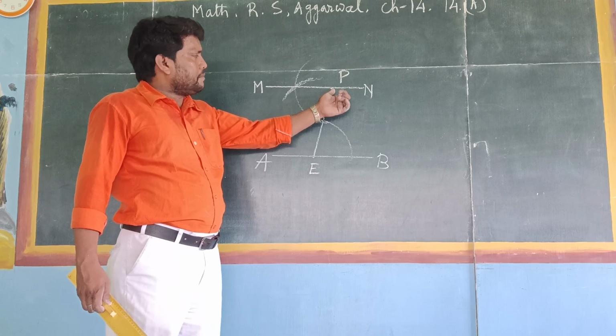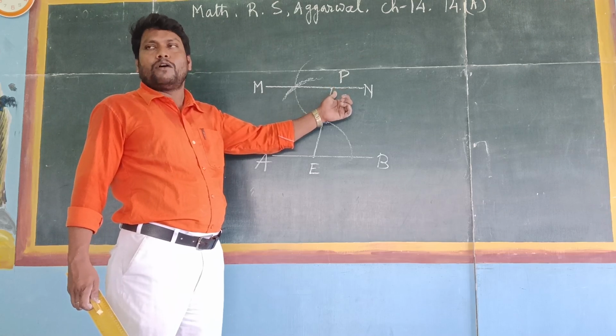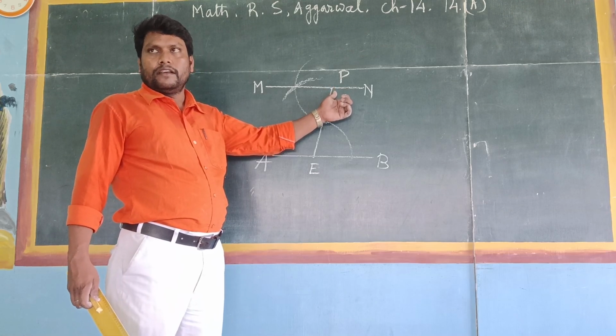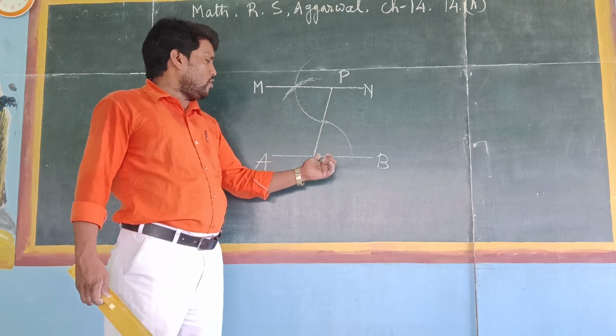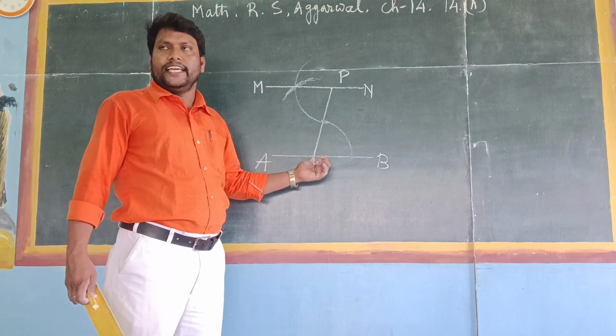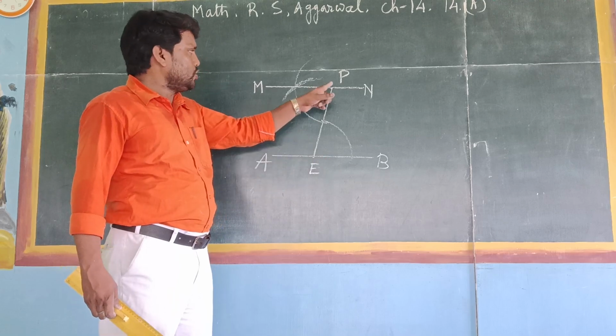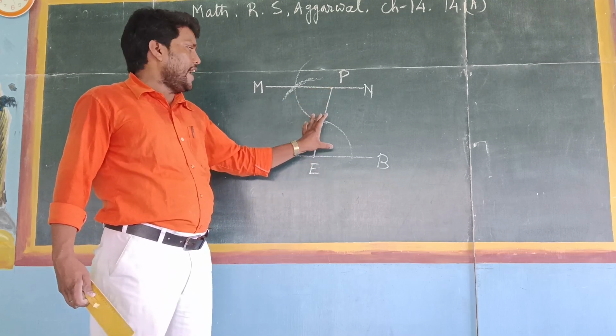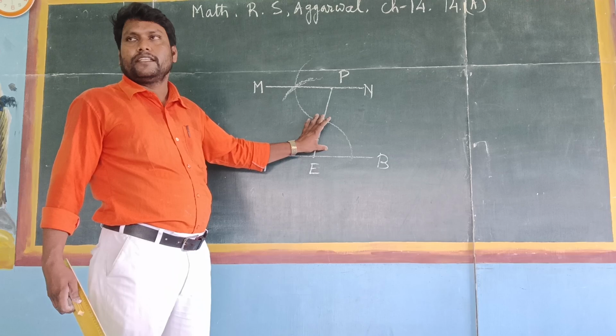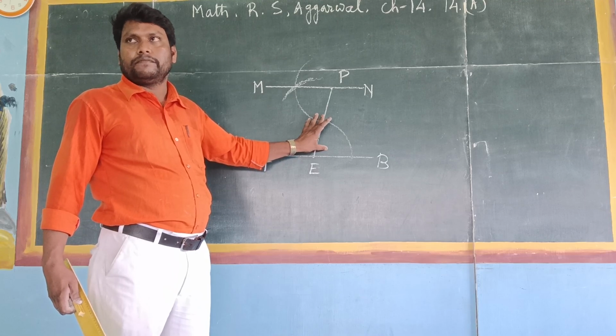Then I have taken point P outside the line. To construct an angle, I have also taken point E on the line AB. Then join P and E. An angle is formed.